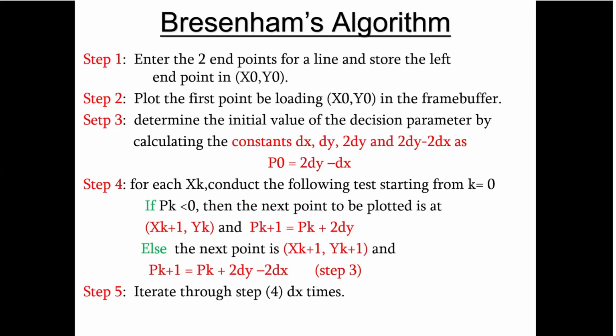Okay, so starting from Bresenham's line algorithm, what you are going to get is two endpoints. In the question paper also you will have two endpoints. You can write them as x0, y0 and x1, y1. First you have to start the process with your first endpoint, x0, y0, and save it inside your frame buffer.